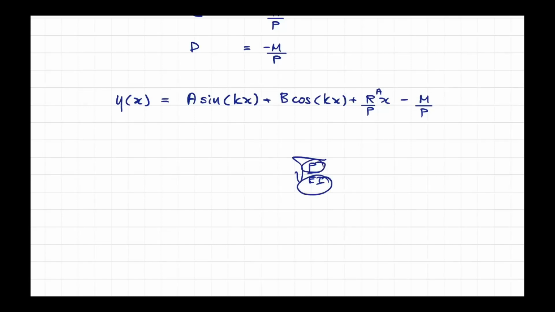Up here you have force, so force cancels out, then this is 1 over length squared, right? You take the square root, what do you get? Just 1 over length. This 1 over length is the k, and then you multiply by x, which is in the length scale. So the thing inside the trigonometric function, kx, is dimensionless. Okay.